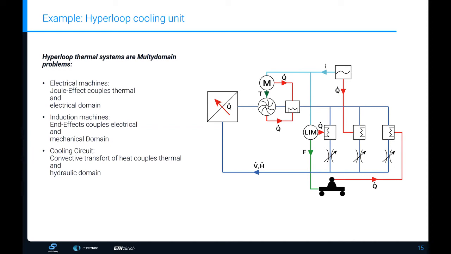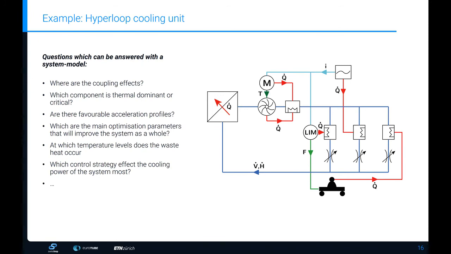And that's why you have to study the thermal aspects always as a system-wide problem with couplings. And this kind of question I like to answer with my models I'm actually doing in my master thesis.